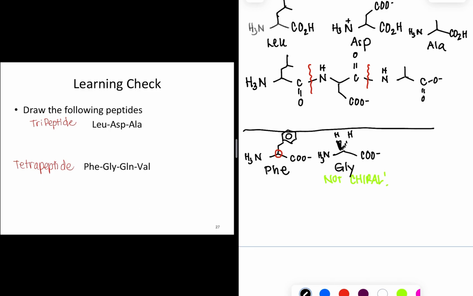Then I want to draw glutamine, and kind of running out of space here. Glutamine is one of the ones that has the amide on it.